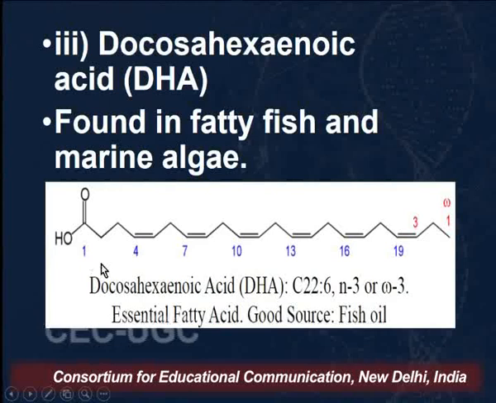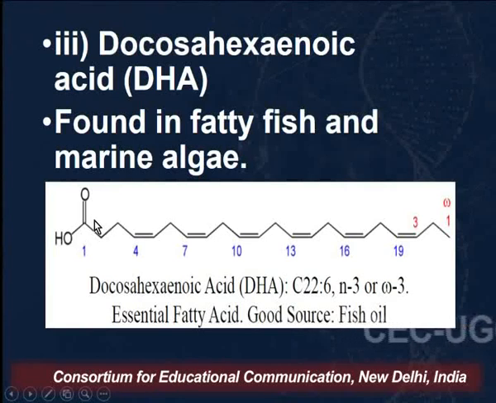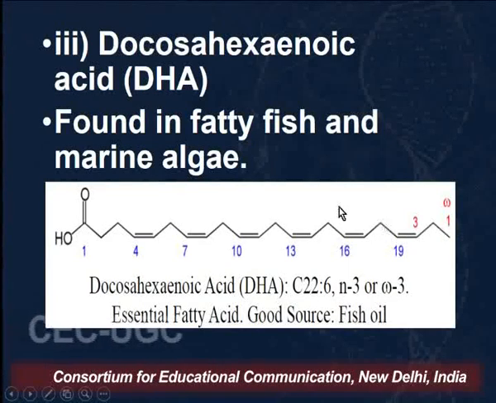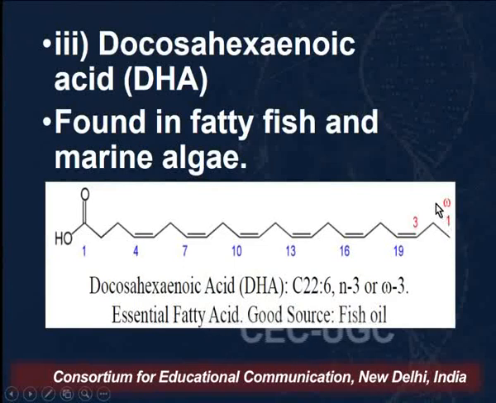You have to ignore the numbering given at the bottom, because that numbering is from the carboxylic end. But when we are naming them as omega, we have to start the numbering from the omega end or the methyl end, and the first double bond is at the third carbon. So this is what the omega-3 signifies here.